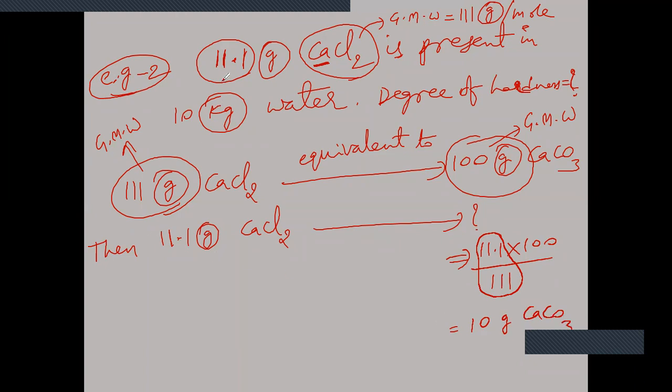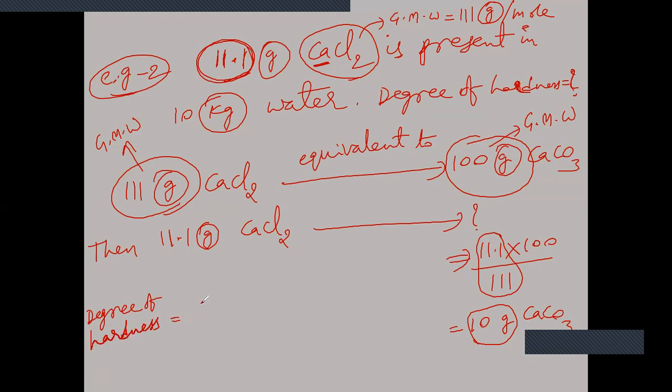So 11.1 grams of CaCl2 is equal to how many grams of CaCO3? 10 grams. Now tell me, what is the degree of hardness? What is the formula?